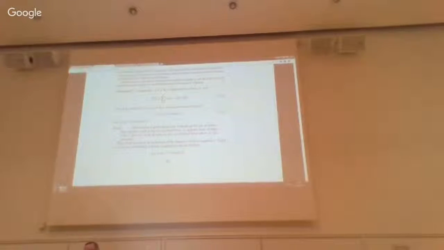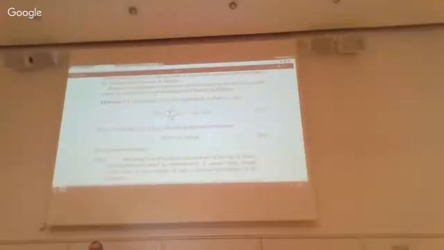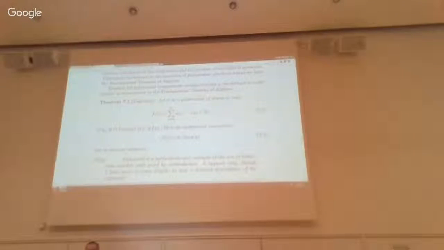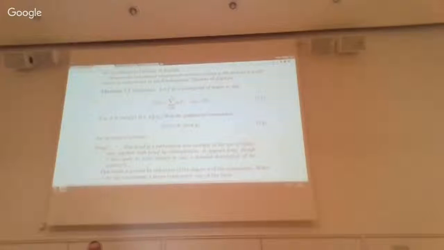But in order to call it a degree n congruence, we want something a little bit stronger. To be genuinely of degree n as a congruence, it must be that the coefficient of x to the power n, which would be this coefficient a sub n, the a sub i is the coefficient of x to the i, we need to know that that a sub n is actually non-zero when you consider it modulo p. So you want your leading coefficient of the polynomial, a_n, to be non-zero modulo p.